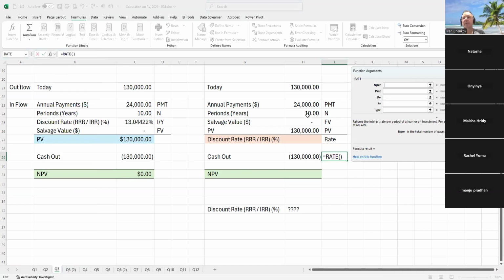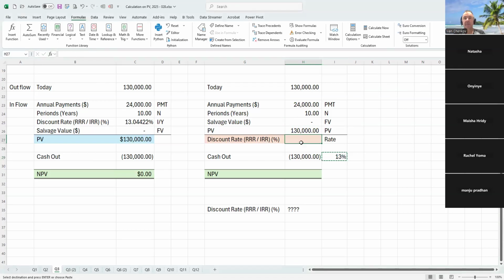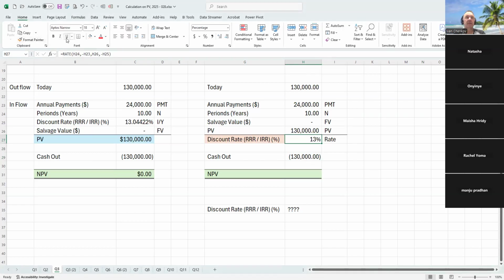Do we know the number of periods? Yes, we do. 10. Payment, we know the payment, negative 24. Present value, do I know the present value now? I want my present value to be 130,000, right? Yes, 130. Future value is zero. So what's my rate of return? Let's flip it. That should be right here. So my rate of return is, let's see exactly how much it is.